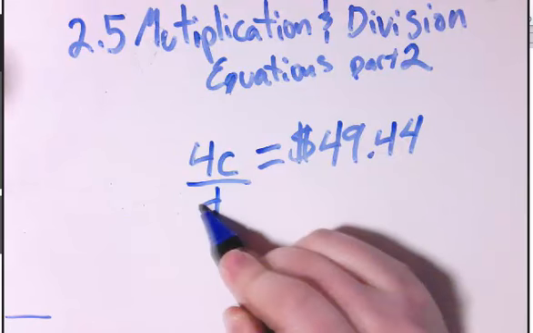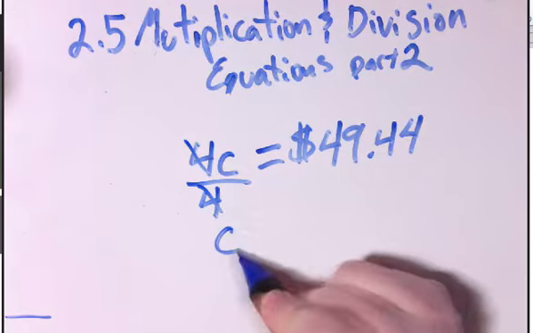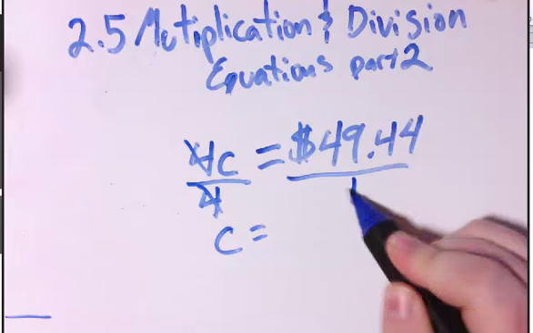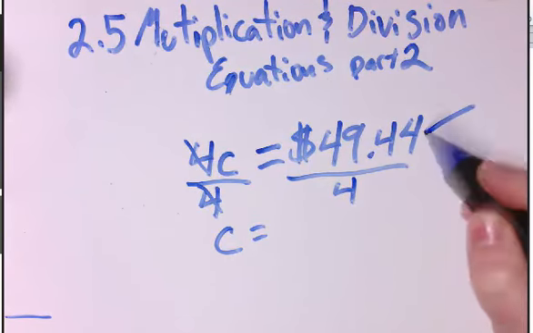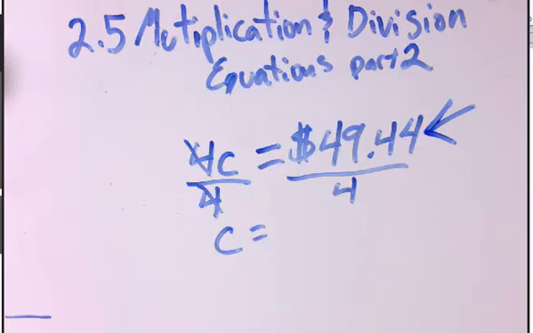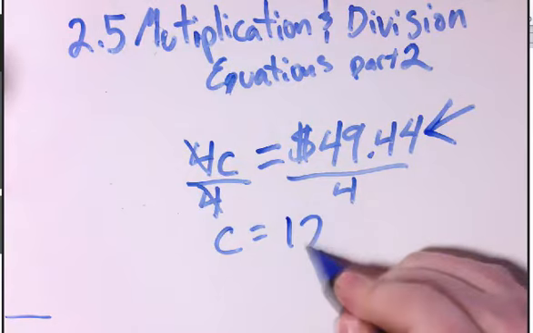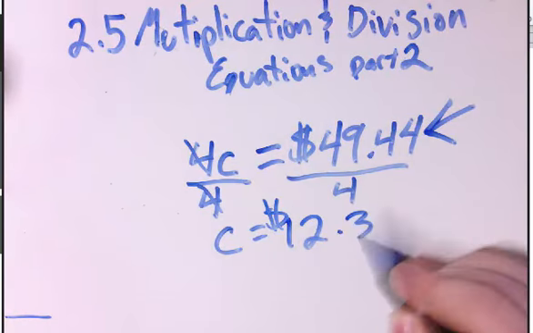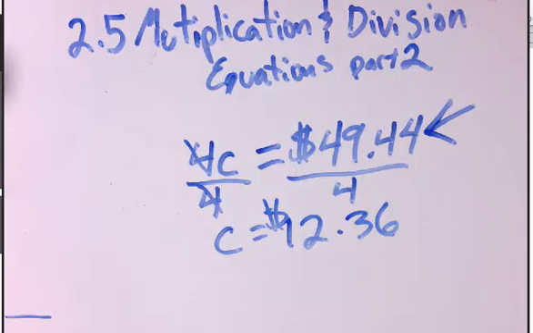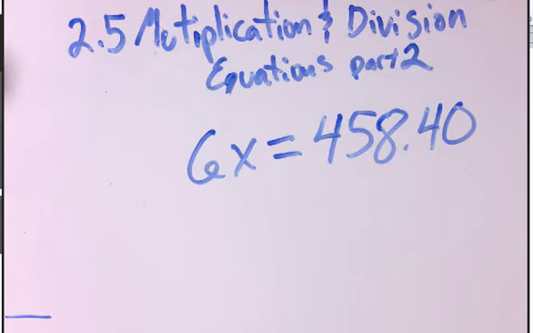So we want to get the cost of each individual one. So this here would be the equation that you would use. We're going to go ahead and solve the equation. So each one is going to give us $12.36 each.